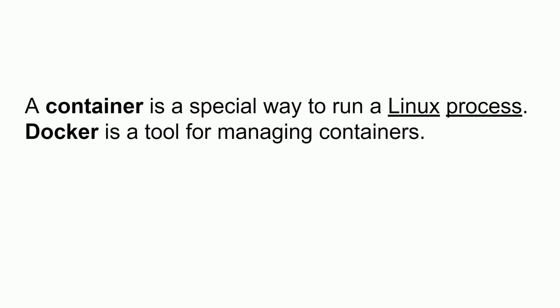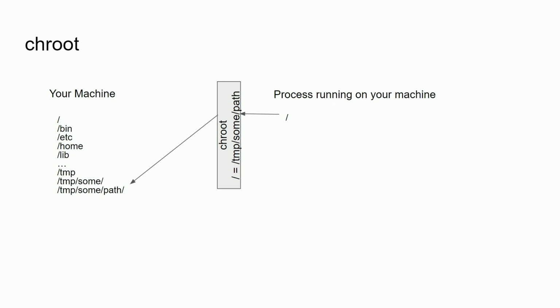To do that, we're going to go deep into the mists of time to look at an ancient Unix command called chroot. This was, and still is, a very simple command that makes a process think that some other part of the file system is the root. For example, say you run a process with chroot set to /temp some path.